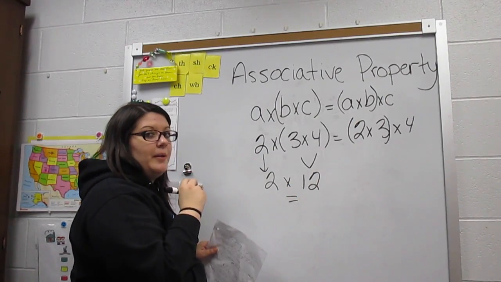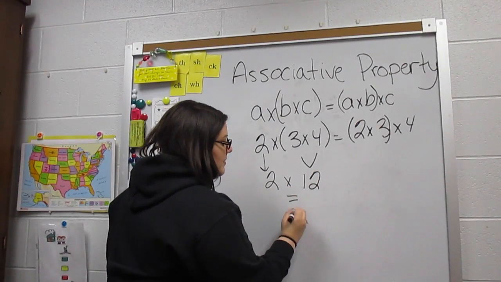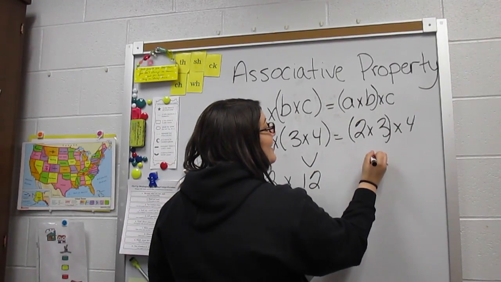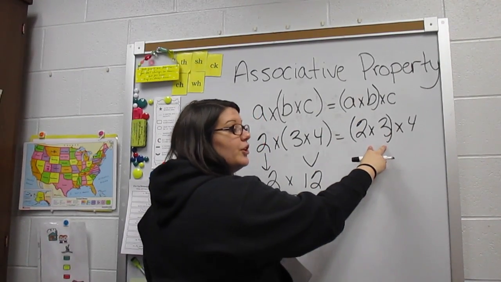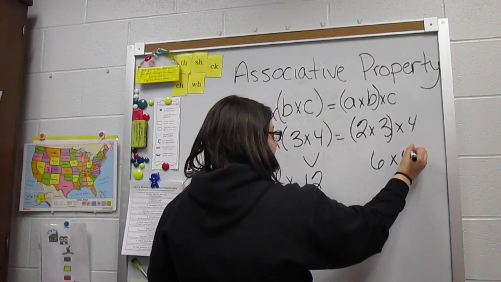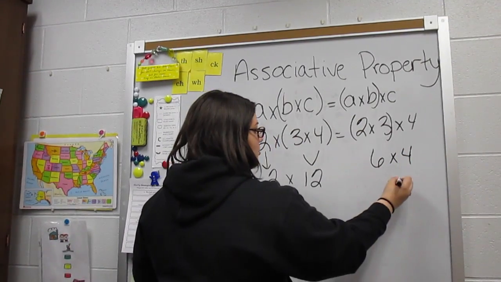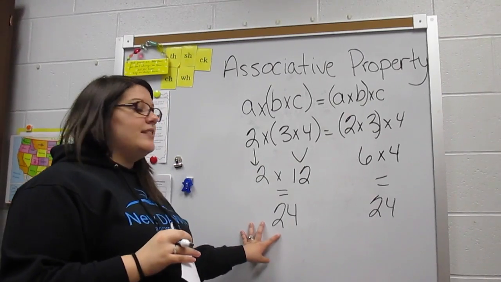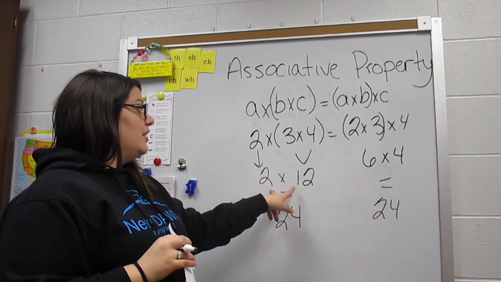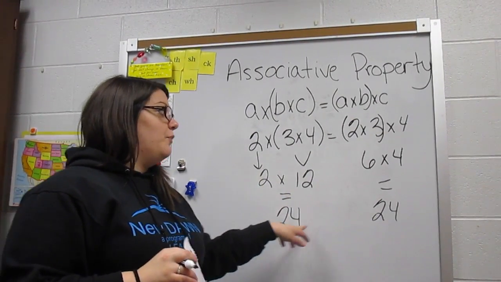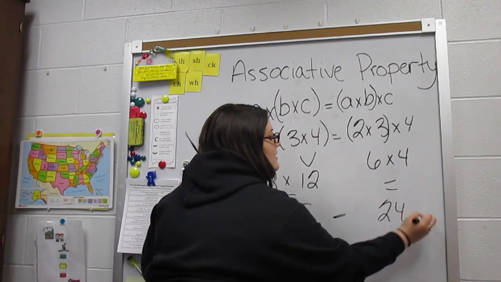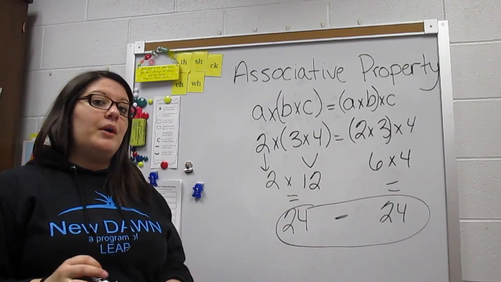You should be doing this on your paper at home. It should be 24. And if you go over here, 2 times 3 is 6. You do the one in the parentheses first, times 4. And we also get 24. Now it takes a little bit of different route to get to the same answer, because as you can see here, we did 12 times 2 to get 24, and we did 6 times 4, but ultimately we still got the same answer either way we grouped them.